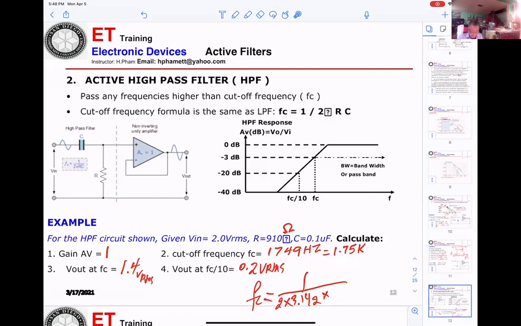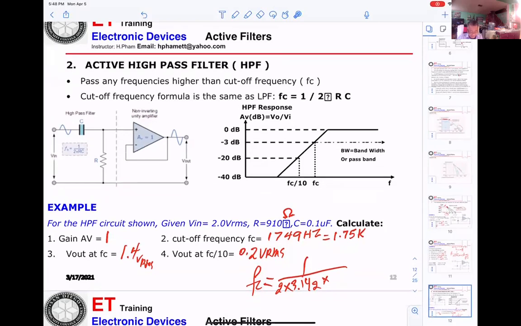For this example, they give you the input, R of 910 ohm, and C of 0.1 microfarad. They want the gain. They're using a follower, so the gain equals 1. The cutoff frequency uses the formula 1 over 2 pi times R times C, which gives you 1.75 kilohertz.